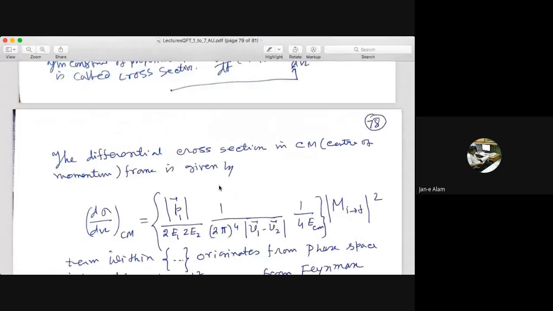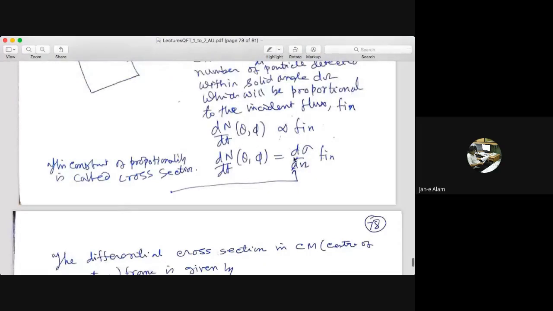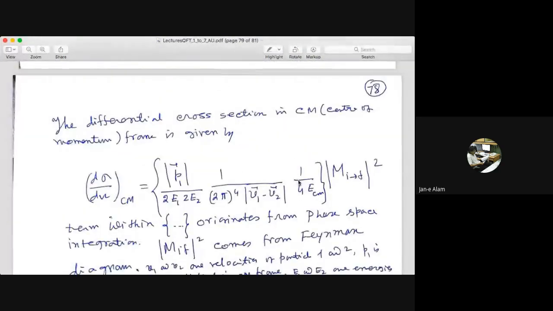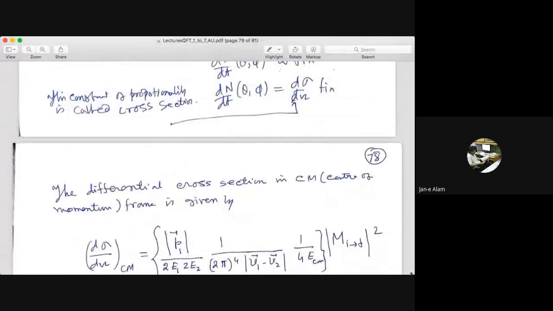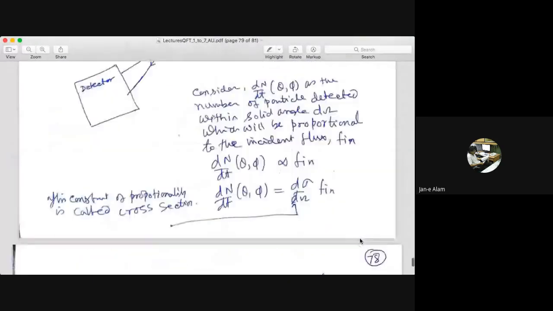Unless I do that, you will not get the full flavor of the Feynman diagrams and their importance. So the differential cross section in the center of mass frame, d sigma d omega, can be written as this factor within the curly bracket times |M_if| squared. This is M_if, the amplitude or matrix element, squared.